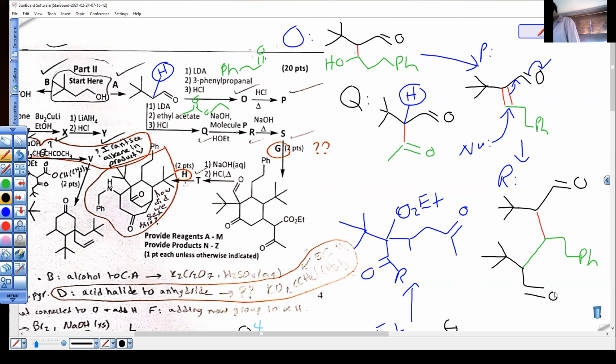Aldehyde and an acetyl. And that is molecule R, I'm pretty sure. We have all the pieces of the acceptor of the 1,4 addition and the nucleophile.